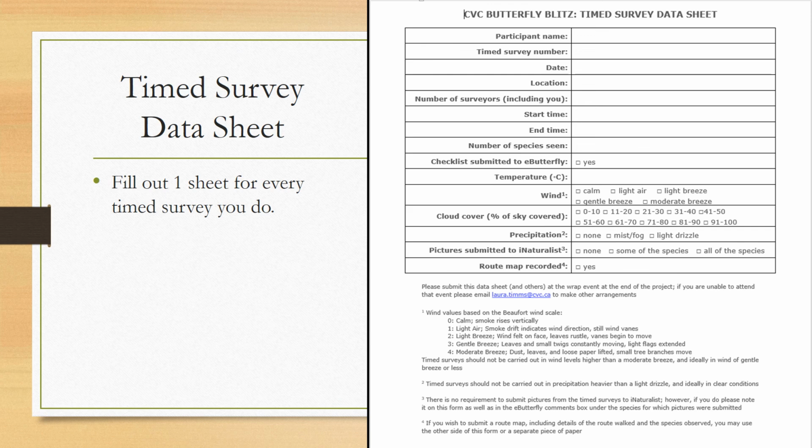So that's all it is for the time survey data sheet. We want to make sure that it's filled out as accurately as possible, and that one of these data sheets is filled out for every survey that you do. Okay, so that's just the gist on our time survey data sheets.